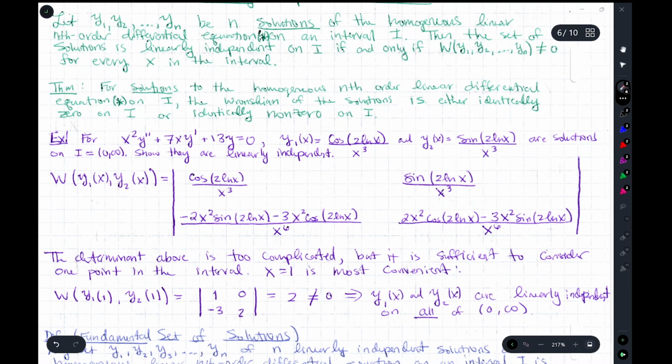If we do that, you get a much simpler matrix, and you can take the determinant of that and get 2, and it's not 0 at x equals 1. And because it's not 0 at x equals 1, it's not 0 for any x between 0 and infinity, non-inclusive of 0. So that makes our lives much easier. We only have to check one point by the above theorem.